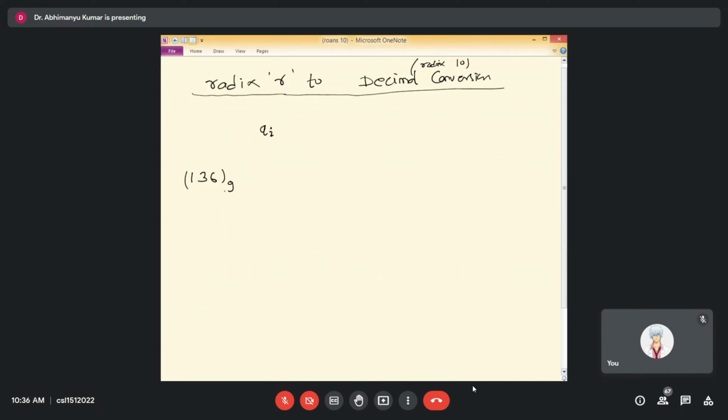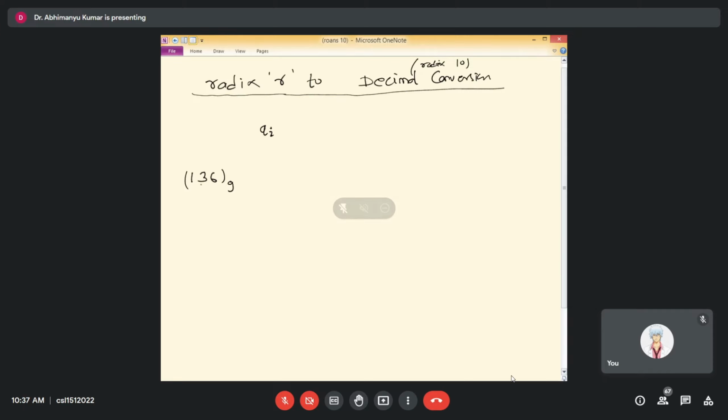Now we would like to convert this quantity. This is not actually 136 because this is not in the decimal number system. Now we would like to convert it into the decimal number system. We would like to know the value of this if it is interpreted as a base 9 system. It can be interpreted as a base 9 system because the individual figure is not equal to 9 and not more than 9.